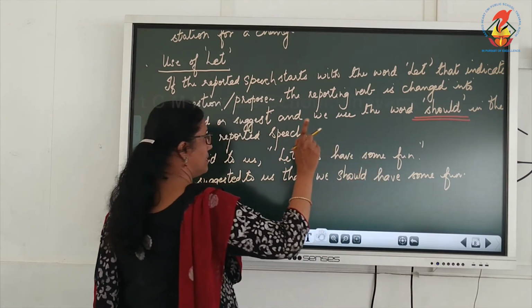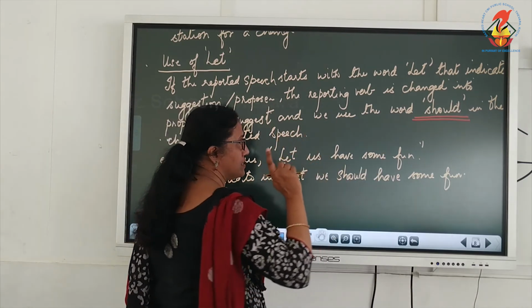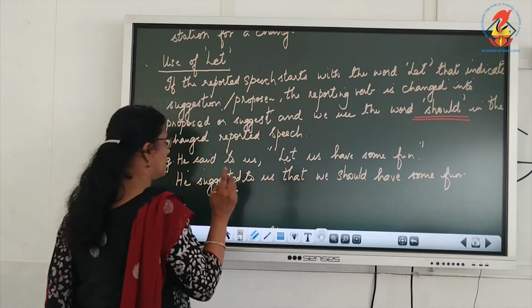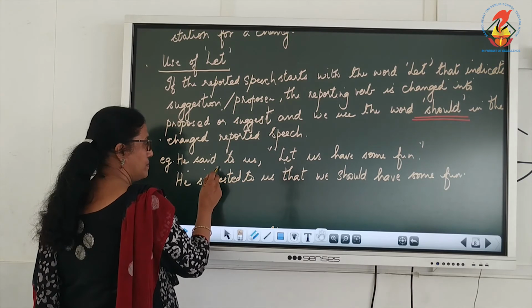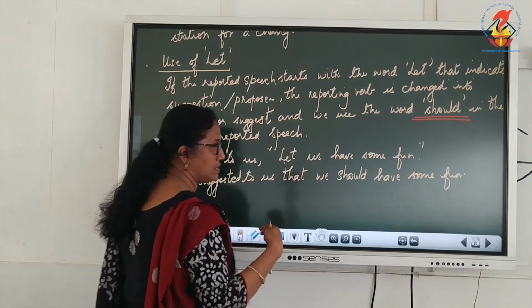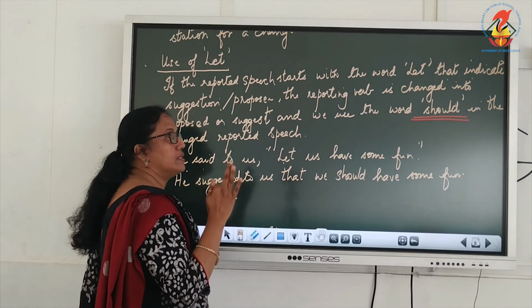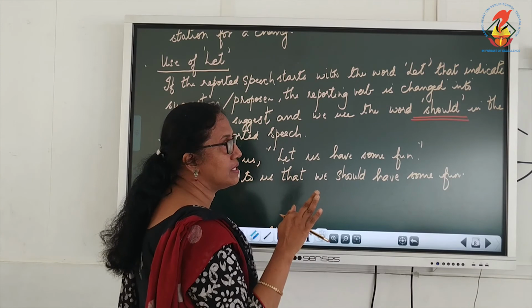So, rule number 1. What is your step number 1? Identify the type of sentence. This is an imperative sentence where you are giving a suggestion. Okay. So, step number 2, we make changes in our reporting verb. Because it is a suggestion, we are going to use the word suggest. Third, we will remove the quotation marks and then we will insert the conjunction.